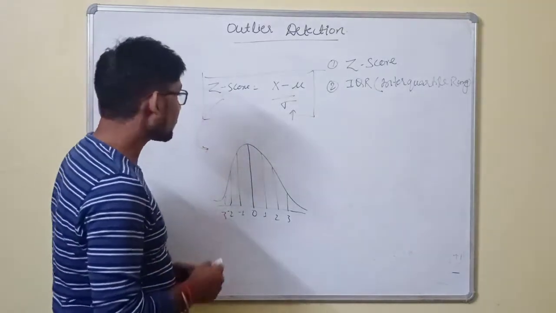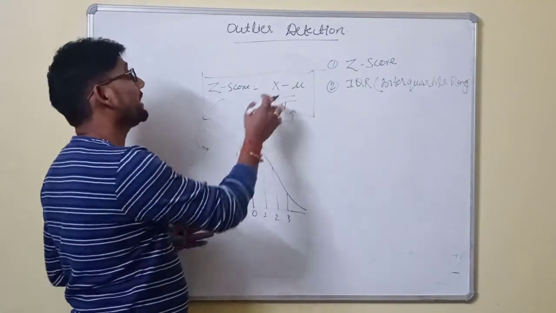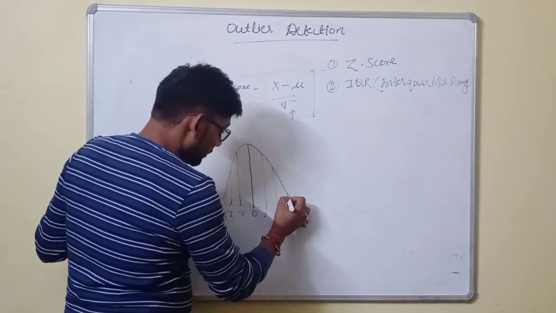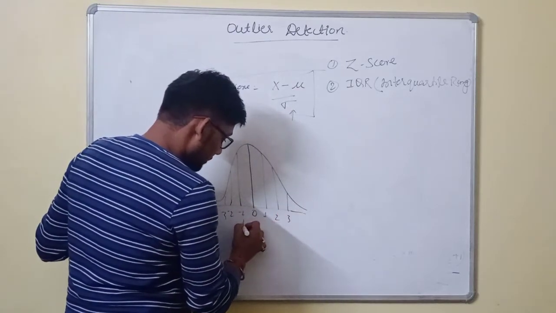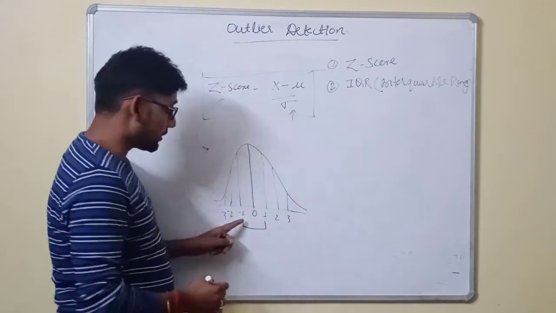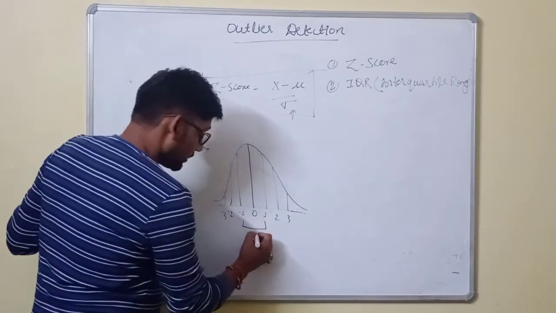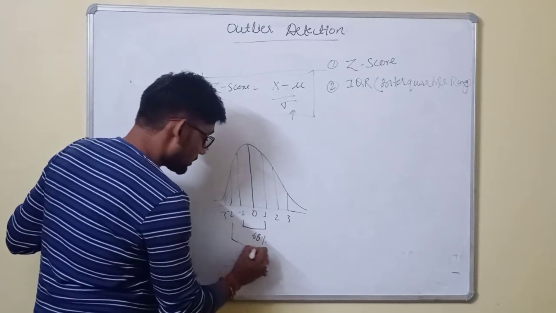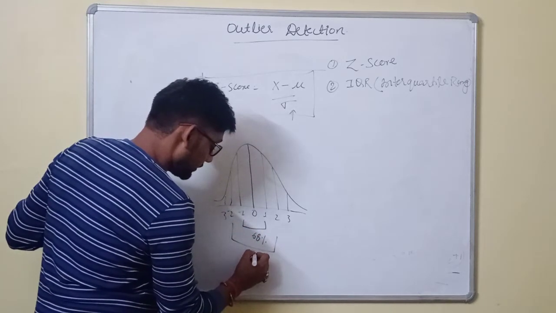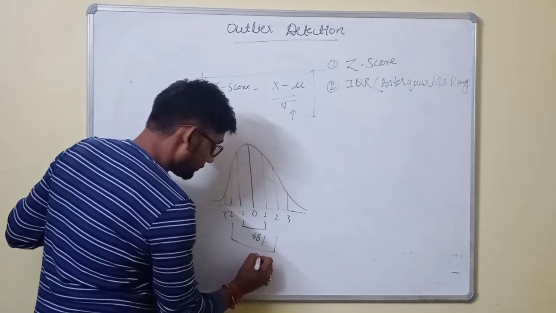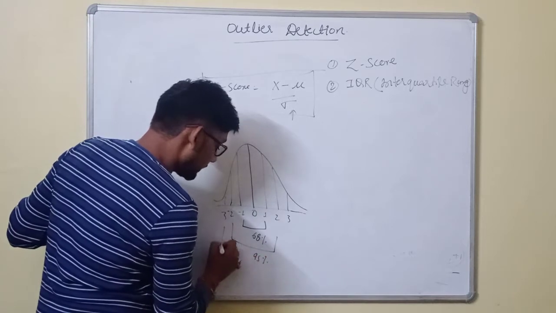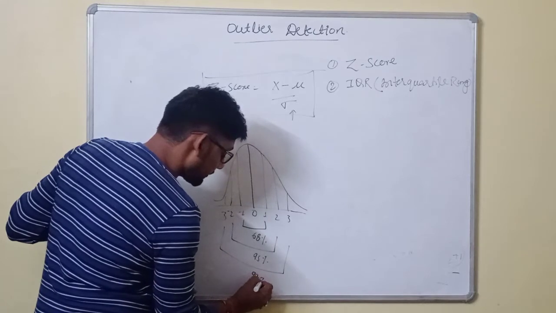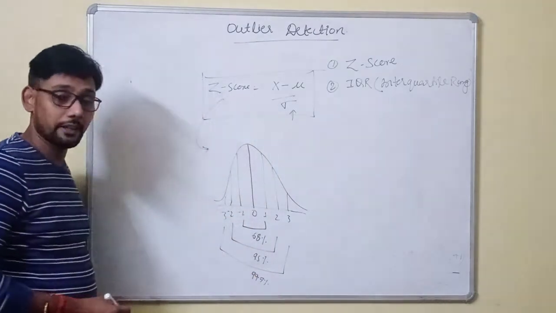So basically we convert the data into the z value, and here the standard deviation from -1 to 1 covers 68% of the data set. These two cover 95% of the data set, and standard deviation 3 covers 99.7% of the data set, right?